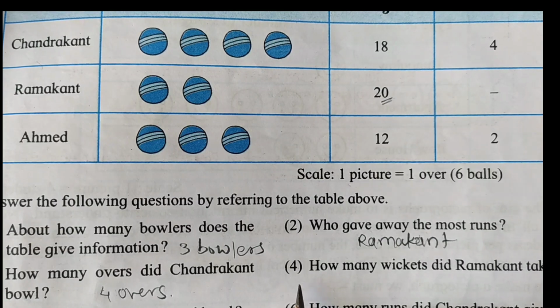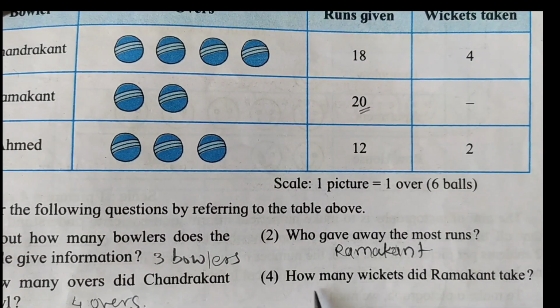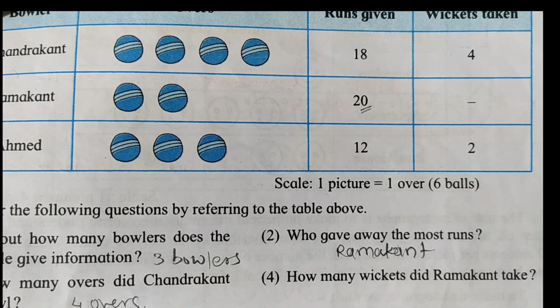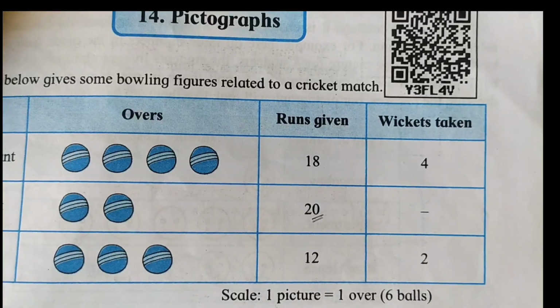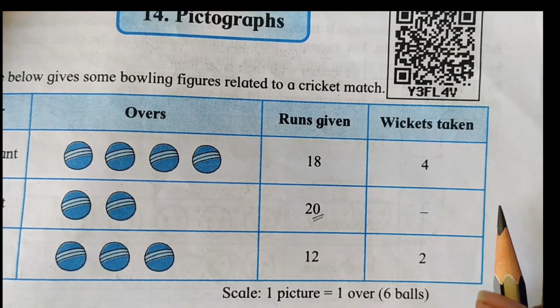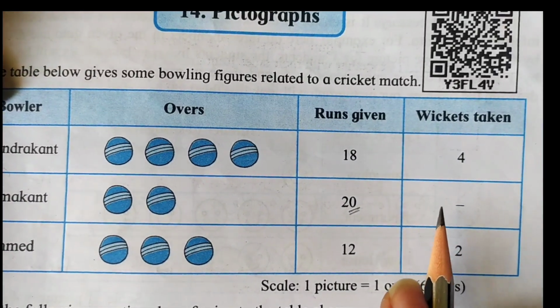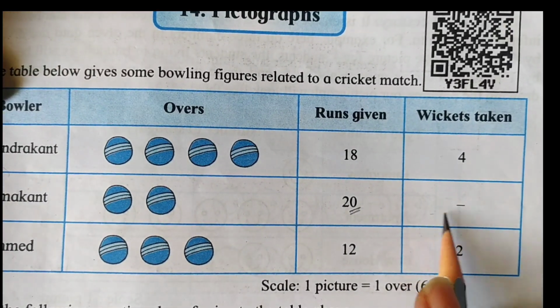Now the fourth question. How many wickets did Ramakant take? Here we have to look in the wickets taken column. Ramakant is in the second place and wickets taken are 0.